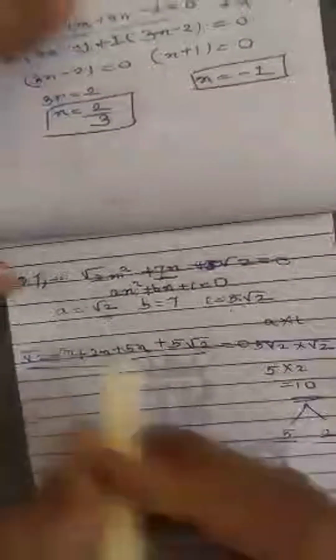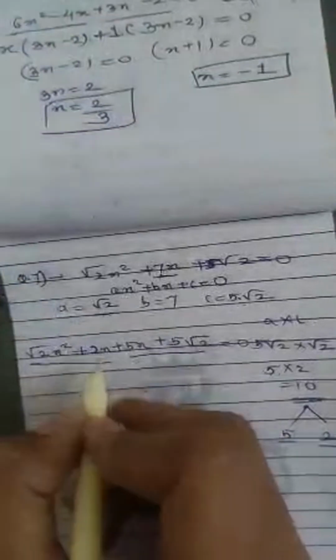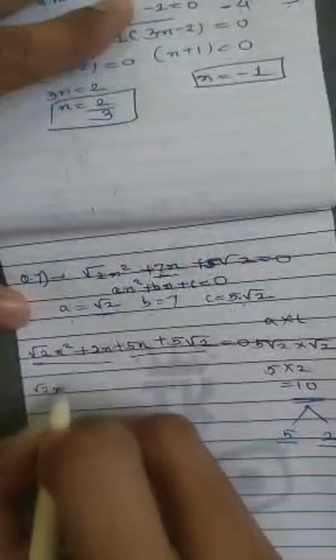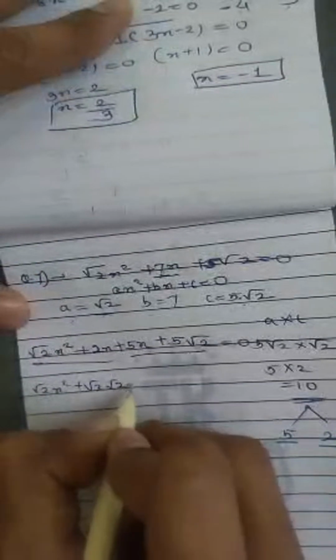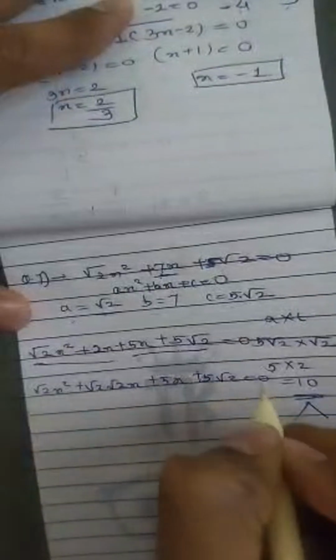So again we have to make the pairs of the two. From here, if we want to take a common factor, common will not come here, but these two we can write as under root 2 into under root 2. So under root 2 x square plus under root 2 into under root 2 x plus 5x plus 5 root 2 is equal to 0.